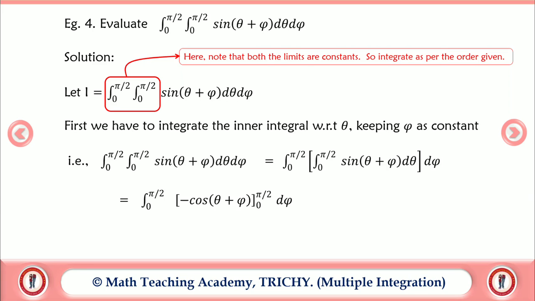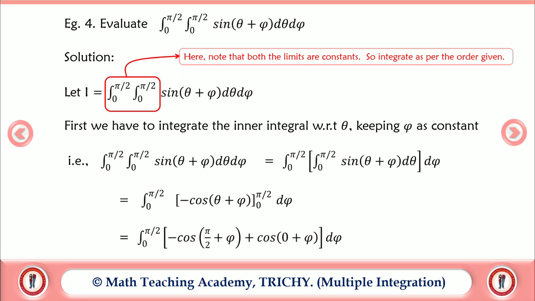So that is equal to integral 0 to pi by 2. Integration of sin of theta plus phi gives minus cos of theta plus phi, and then apply the limit as 0 to pi by 2. Keep d phi as it is. So that is equal to integral 0 to pi by 2. Apply the limit pi by 2 in place of theta.